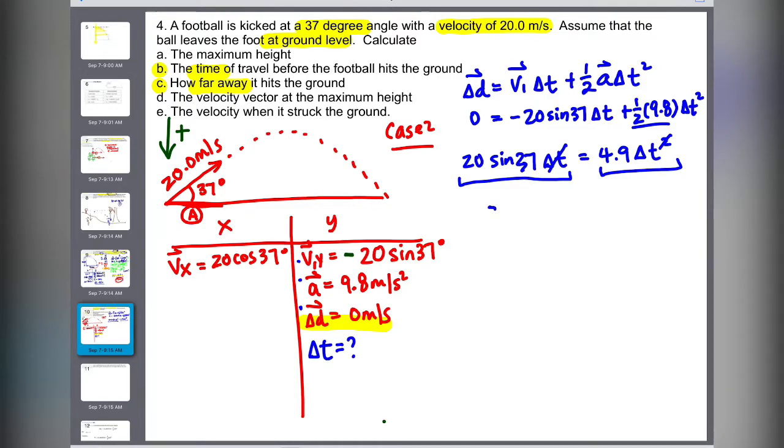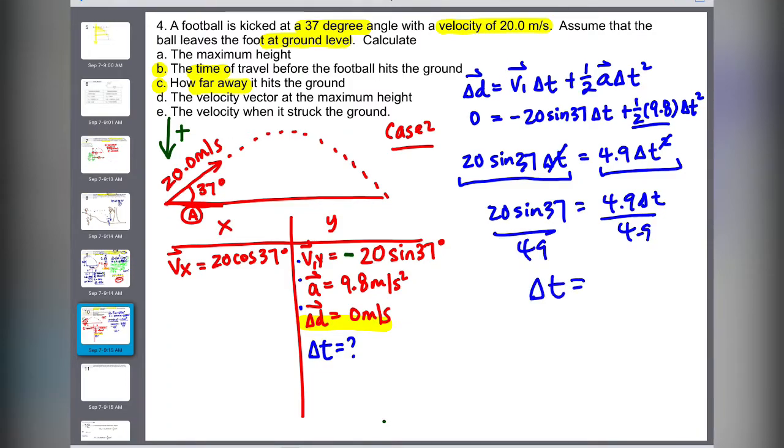Okay, so now cleaning this up, 20 sine of 37 is 4.9 times t. Divide both sides by 4.9. My time would work out to be 20 times sine of 37 divided by 4.9, which gives me 2.456.